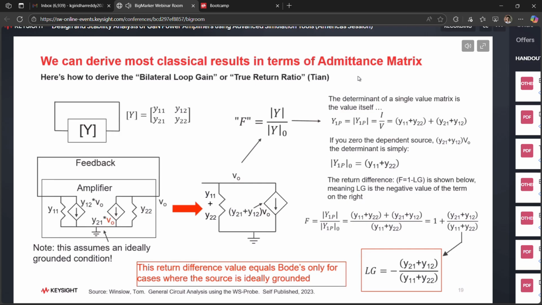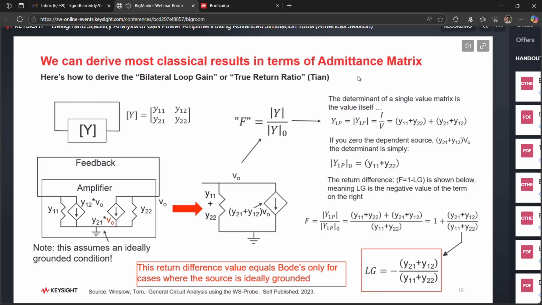So the point is, once we have that, we can derive a lot of these classical results. This is just showing how to derive the bilateral loop gain, or the true return ratio, from Tian's work using this technique. The way this works, essentially, we have this amplifier network, or this admittance network. I like to view it like a transistor here, so I put sources and resistors in here. We have a closed feedback loop through it, so that collapses.